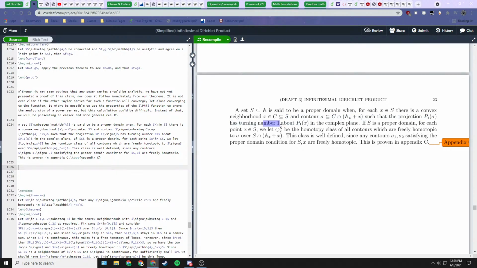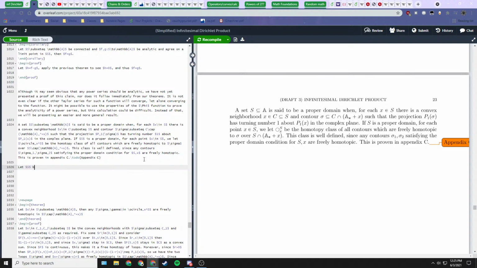So they have turning number 1, and they have this overlap. Okay, so this is proven in appendix C.